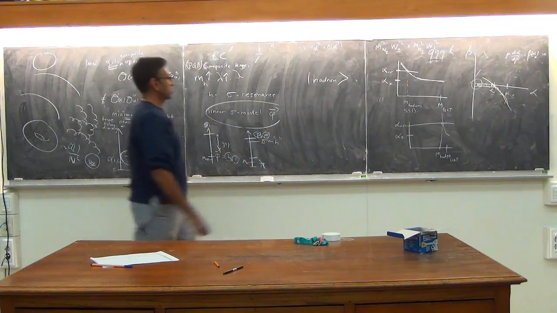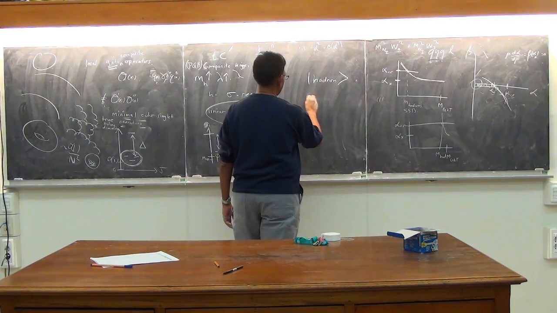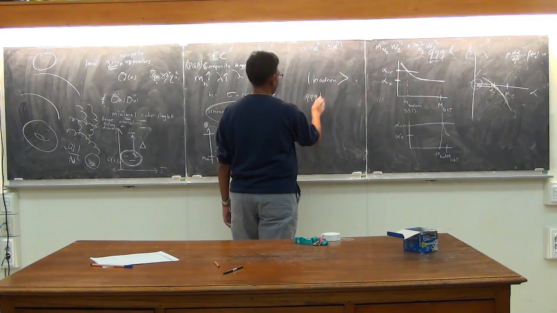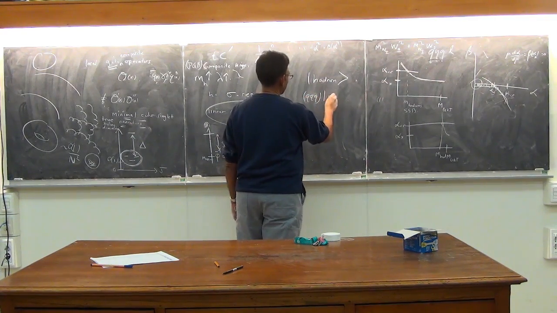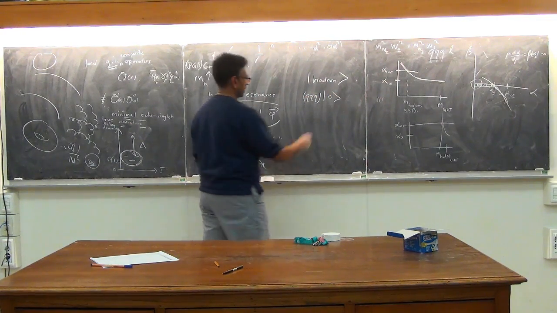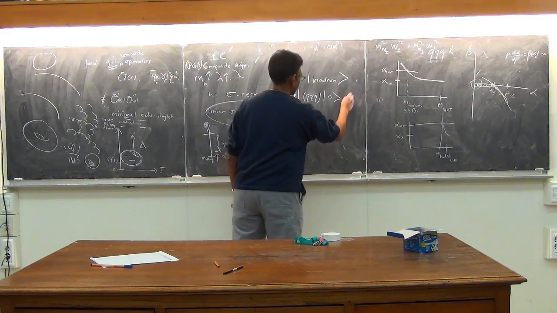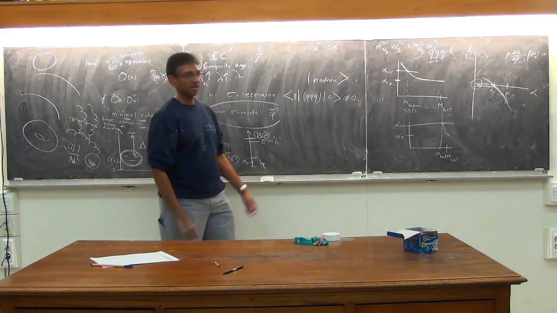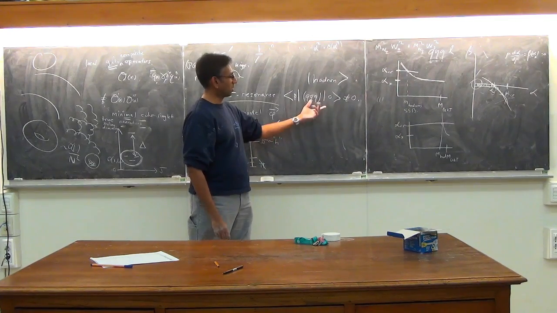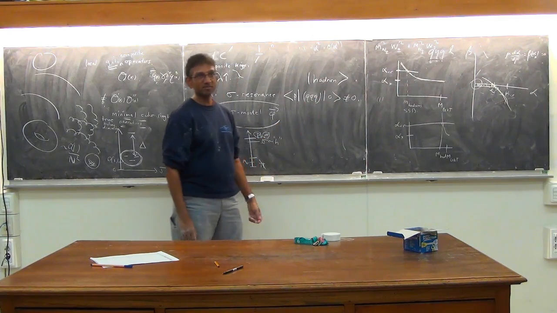Okay? So we are used to taking operators. For example, if I take QQQ color singlet and I act on the vacuum, this has some overlap with the proton, right? In other words, QQQ acting on the vacuum, one of the things it can create is the proton.